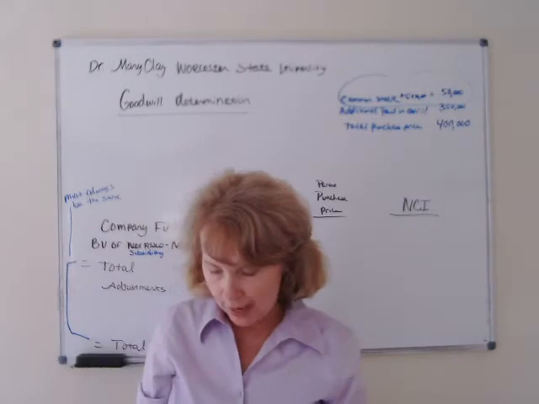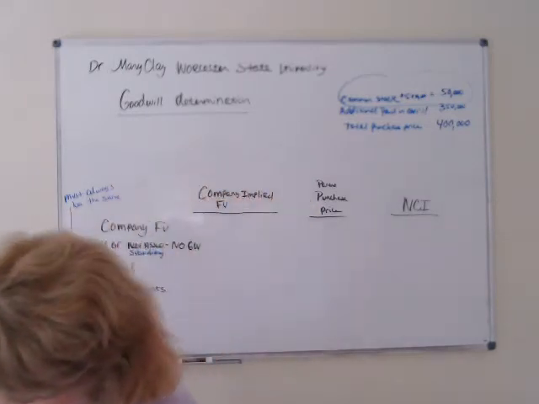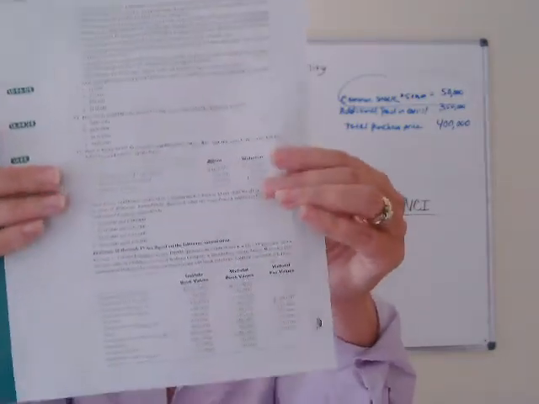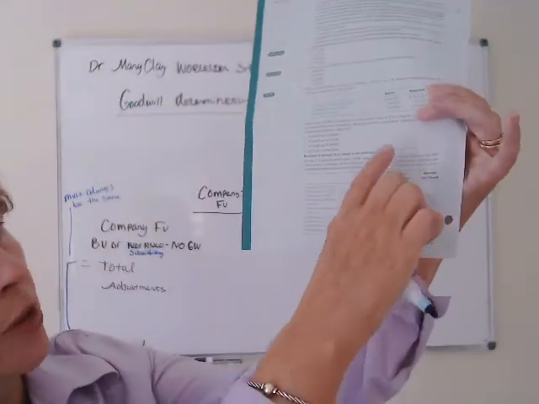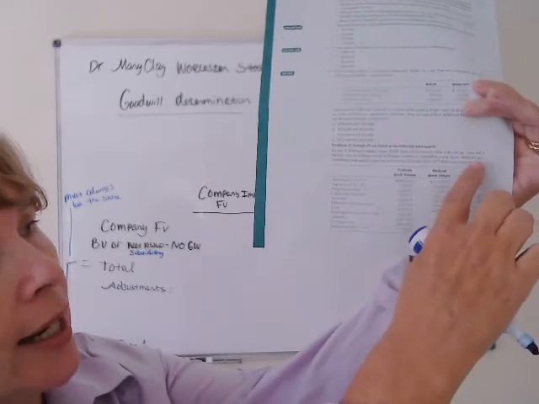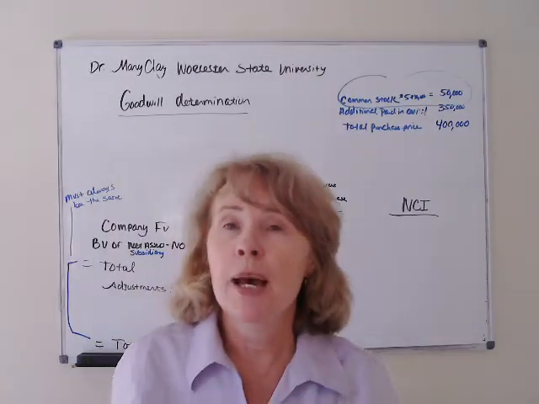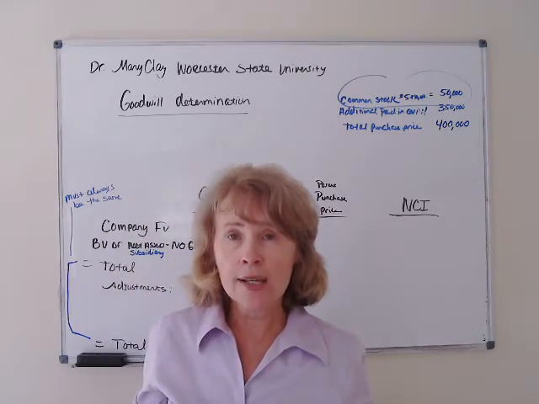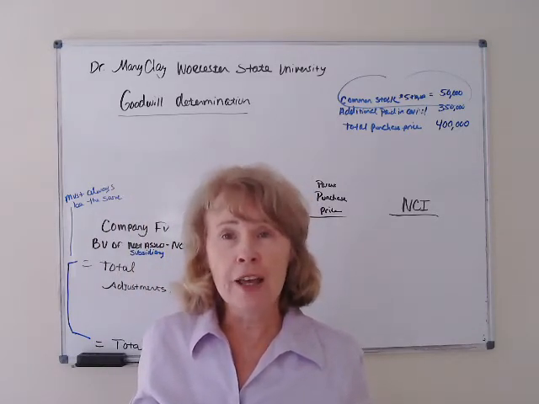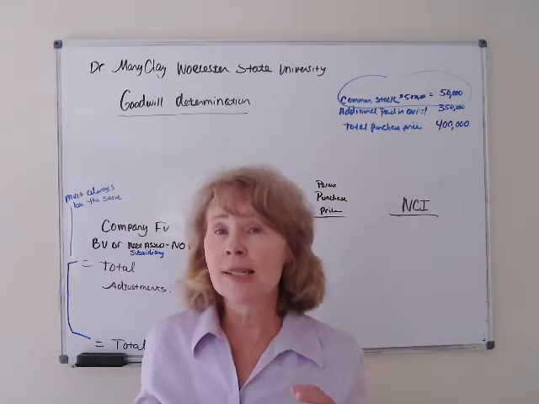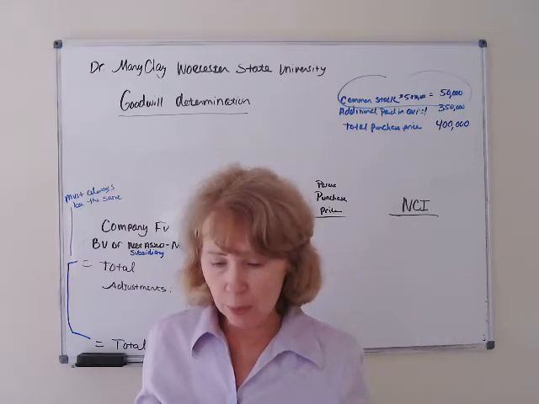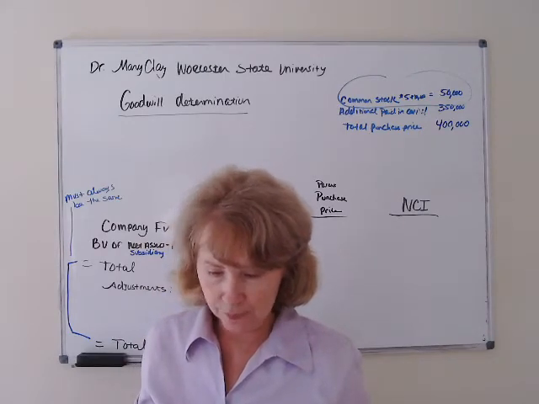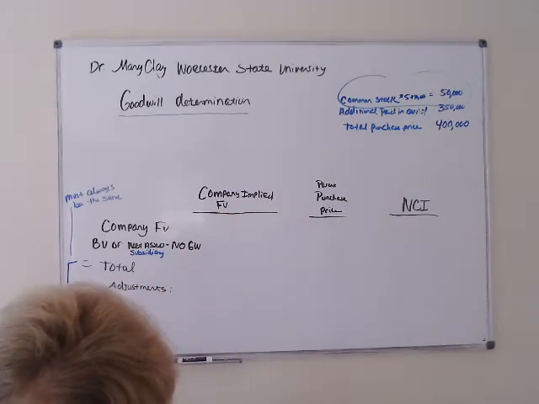All right, so I go back to the problem, and it gives me the information over here. So here's the book value, here's the fair value. Remember, when we're figuring out goodwill, we always use the fair value. Now, if book value is the same as fair value, then we will use that exact number. All right, so how do we get goodwill?